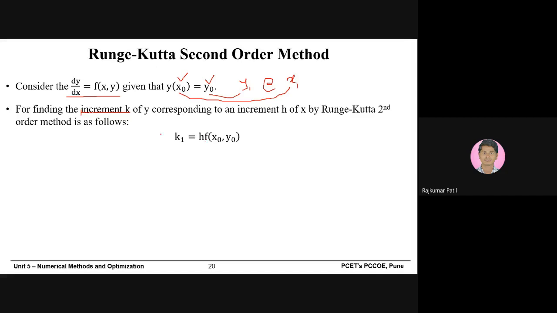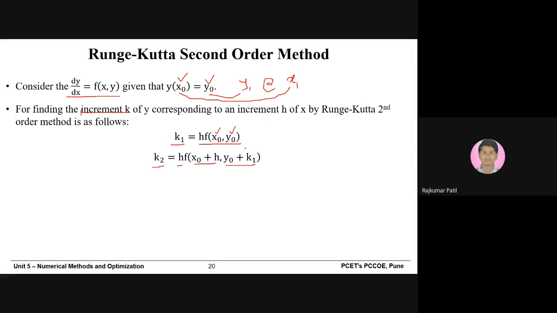So when the data is given to you, first of all calculate k1 as h into f of x naught, y naught. In the given equation, put x is equal to x naught and y is equal to y naught, and simplify, you will get k1. Similarly, calculate k2 as h into f of x naught plus h, y naught plus k1.